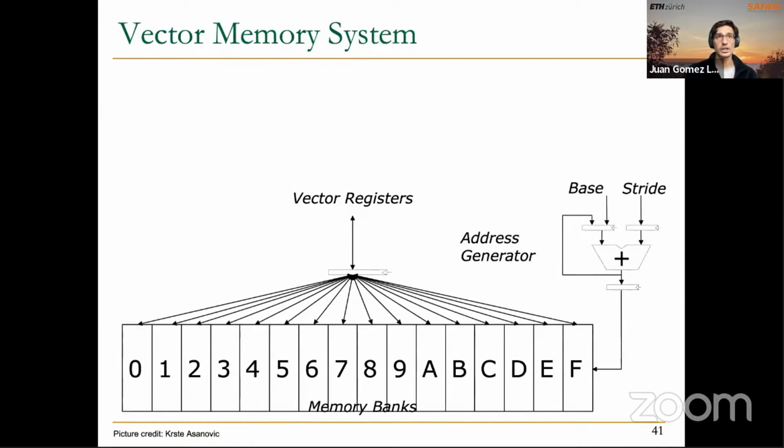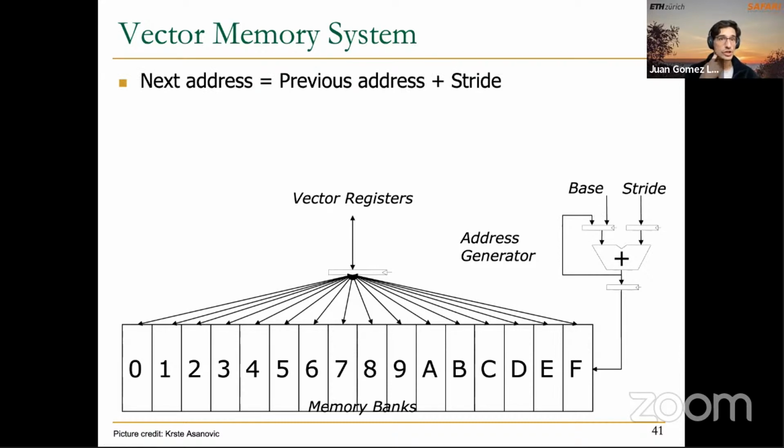How are the addresses calculated? We said before, one of the advantages is that calculating the addresses that we need to access from memory is very easy. Why is that? Because we just need the base and the stride. What we have to do when generating the addresses to access data in bank 0, bank 1, bank 2, and so on, is use an adder to calculate this.